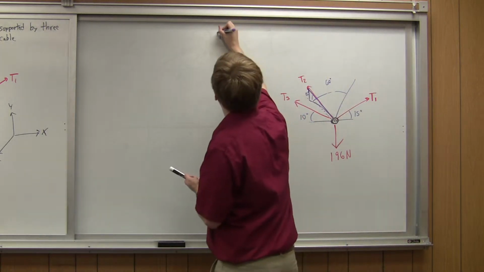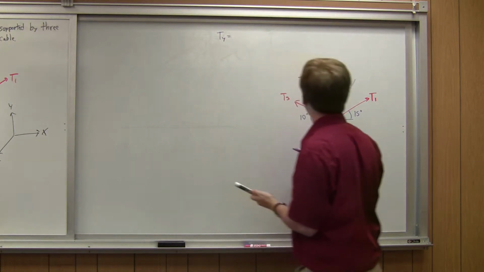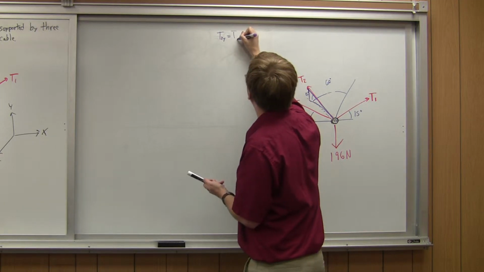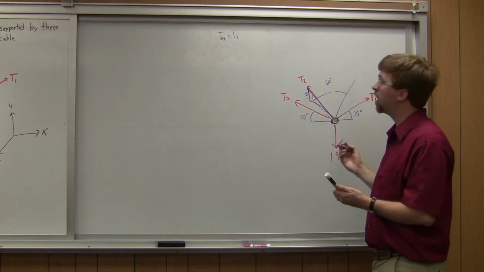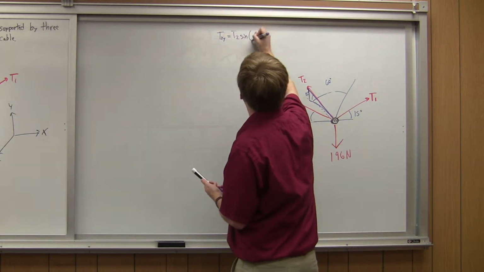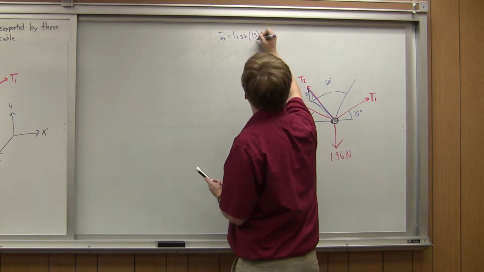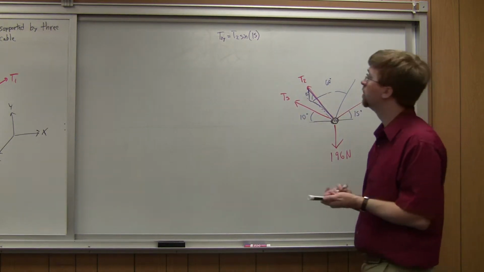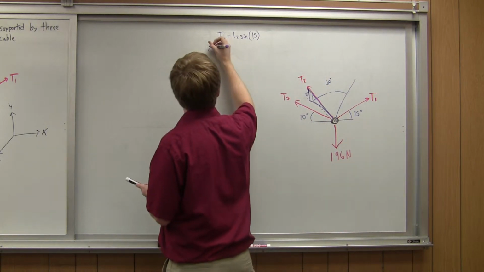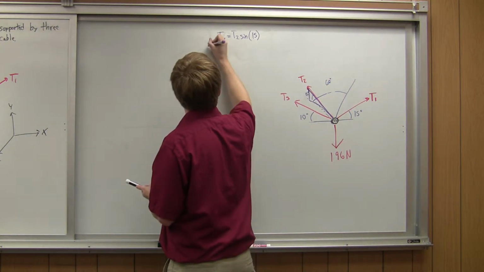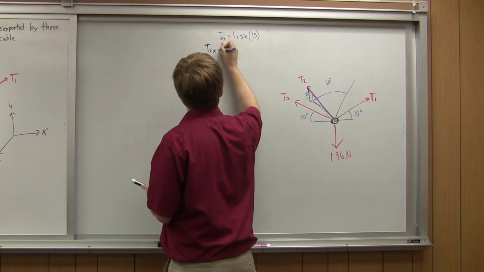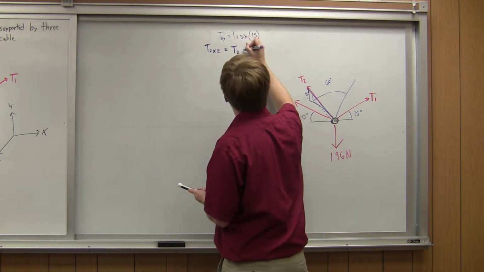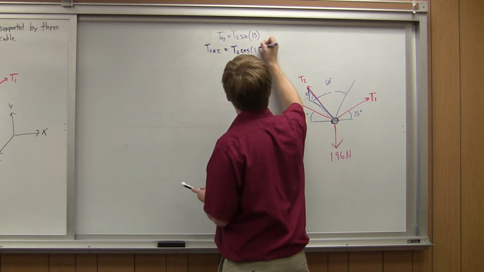So T2y is going to be T2, since it's the opposite, times the sine of 15. And the horizontal part I'm going to call xz. T2xz is going to be T2 times the cosine of 15 degrees.